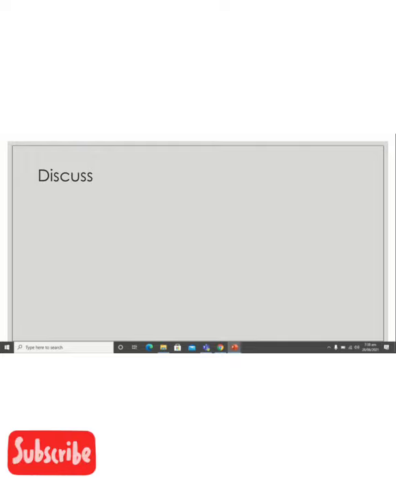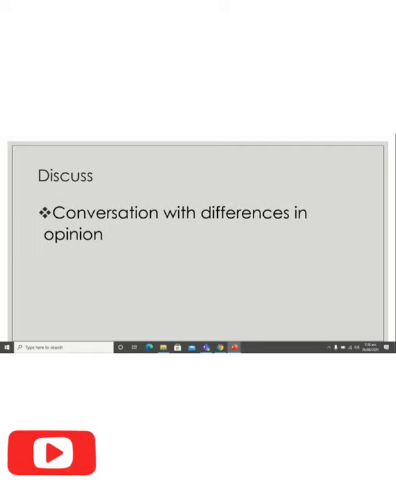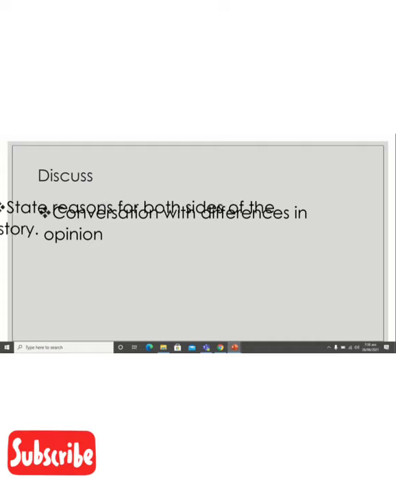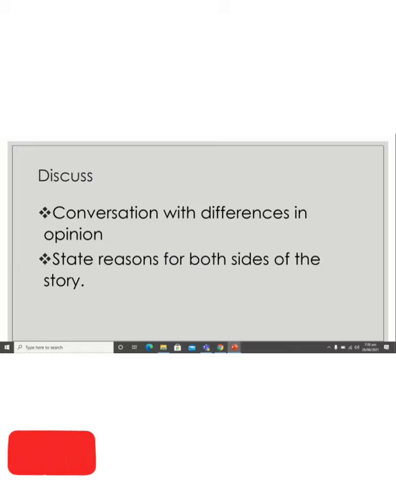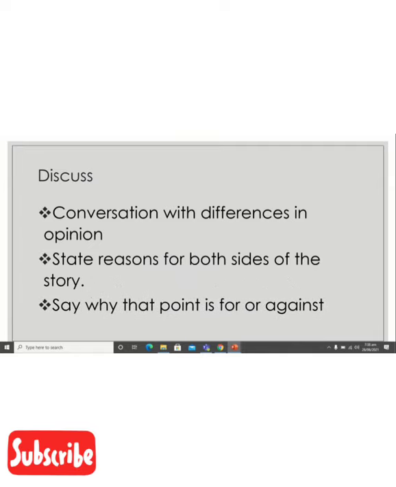Next term is discuss. And what do we mean by discuss? Really, a discussion is a conversation with differences in opinion. And you have discussions every day. It's the same thing. Nothing changed in science. What you're going to do when you're discussing is state reasons for both sides of the story, for and against. And then after you've stated reasons for both sides, you're going to state why that point is for or against.